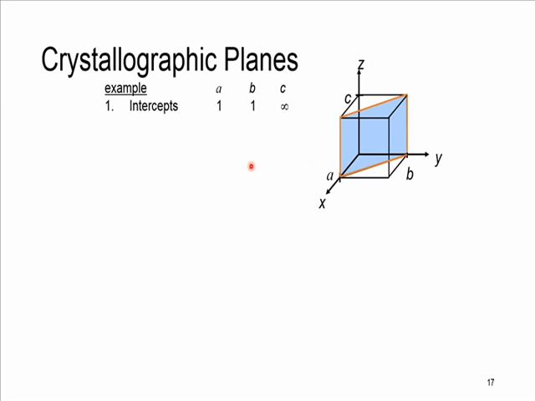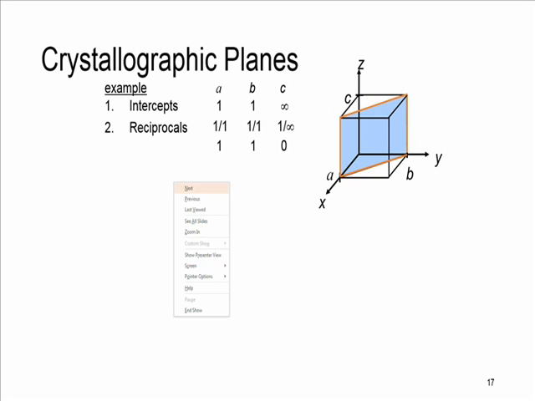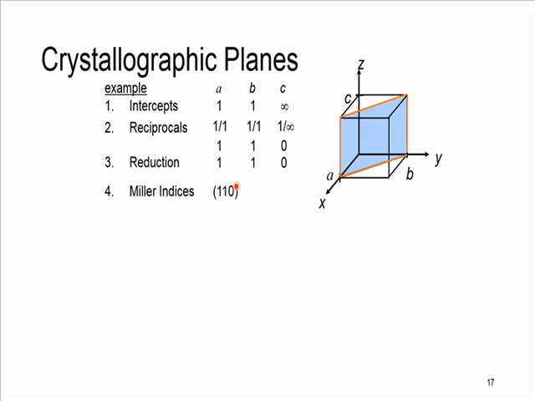The next step is to find reciprocals. Of course, this will remain 1, 1, and this will be 0. And then we do reduction. These values don't need to be changed because we are already dealing with the smallest integer values. After that, we can enclose them in parentheses, and this gives the Miller indices for this blue plane.